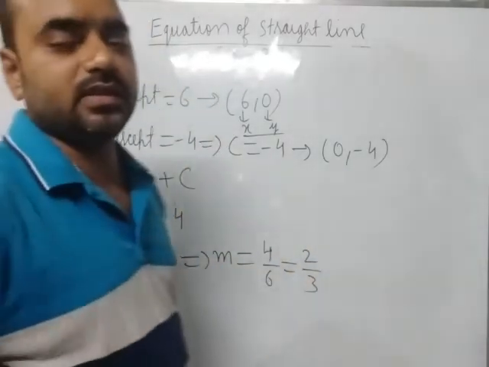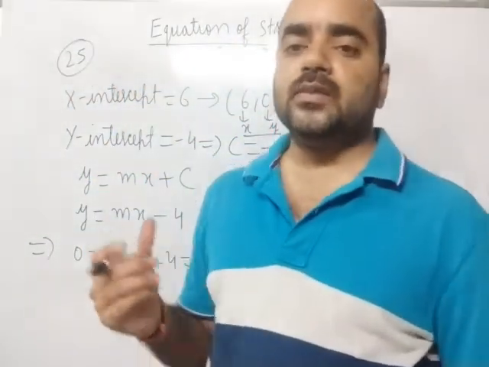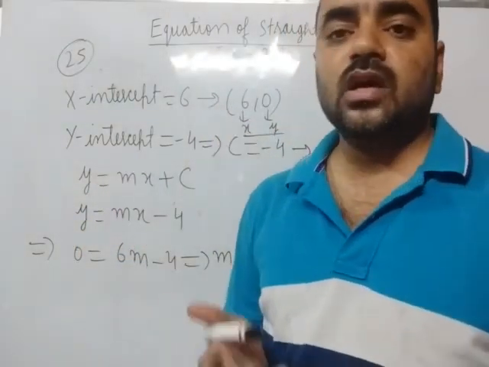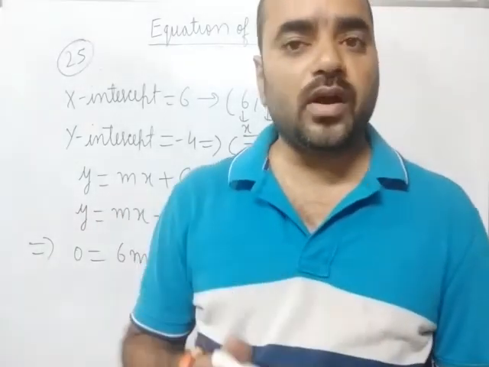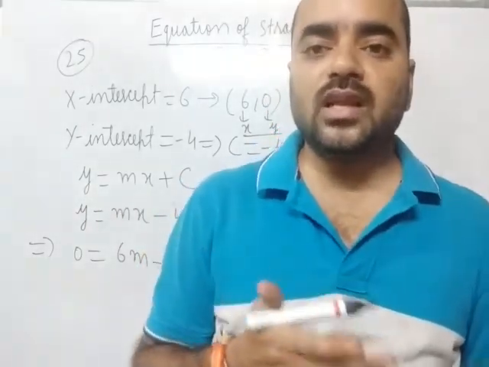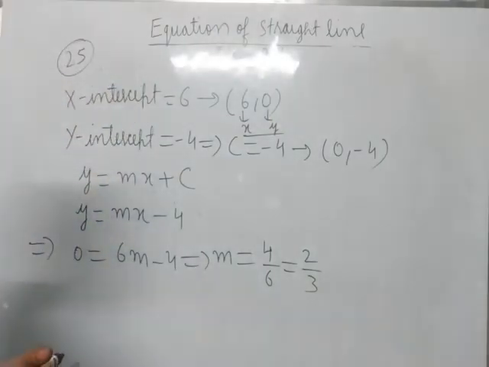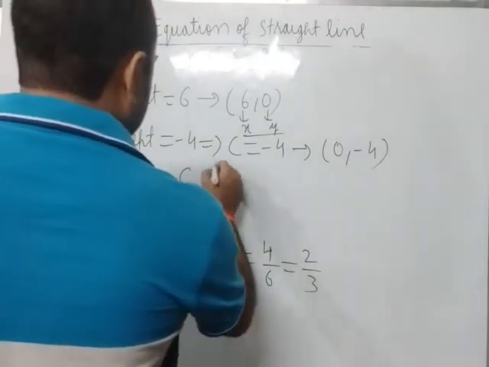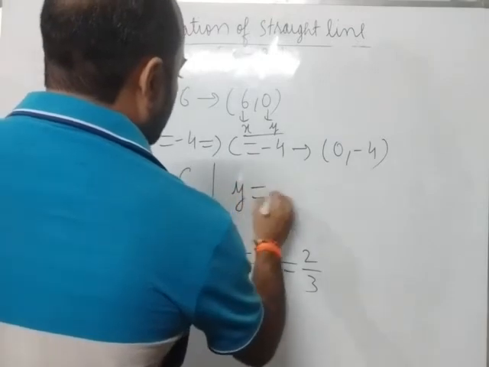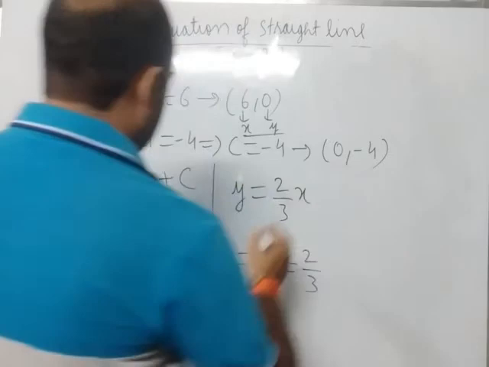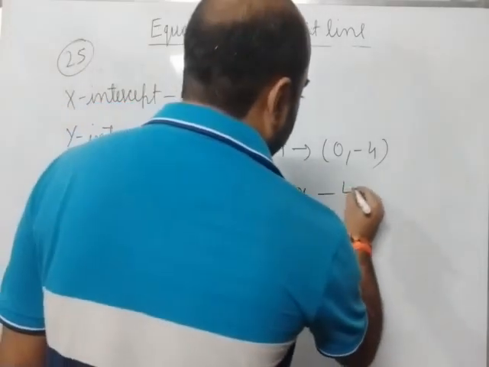Understood what the advantage is? If the line makes x-intercept 6, the coordinates are (6, 0). That point lies on the line, so we can satisfy the point. Then the equation is y is equal to mx, m is 2 by 3, y-intercept is -4.